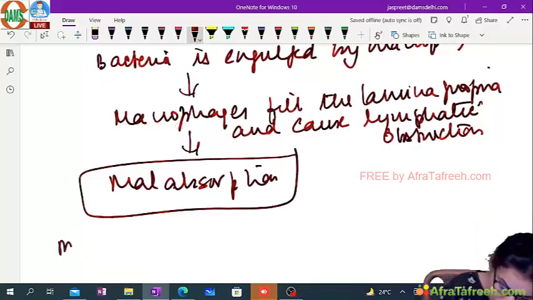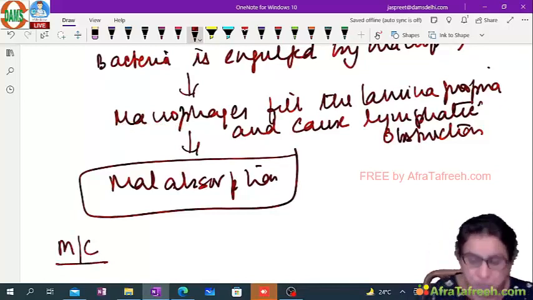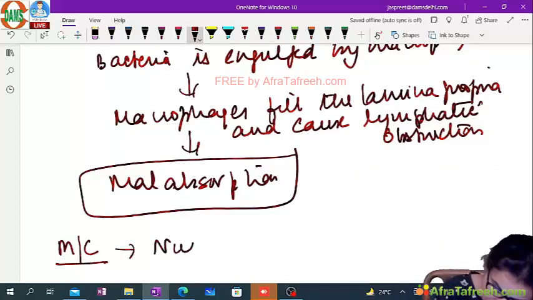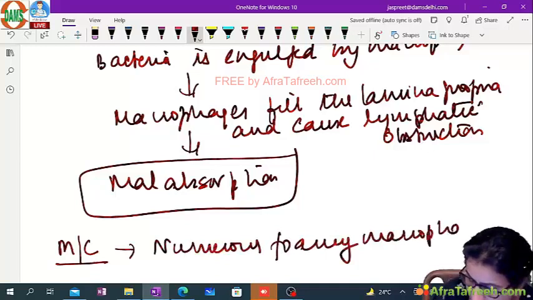Okay, microscopy. If you do a biopsy from the GI tract, you will find numerous foamy macrophages in the lamina propria.